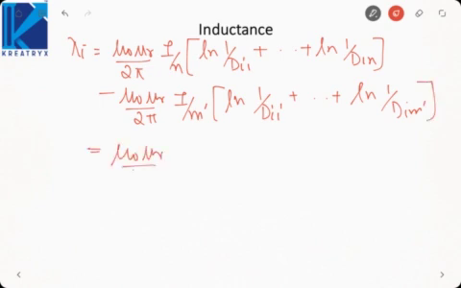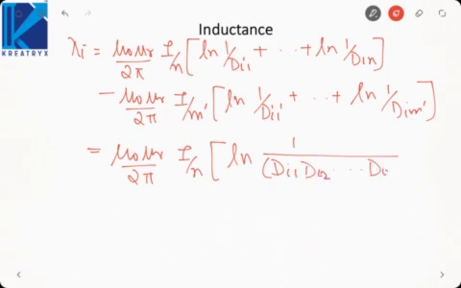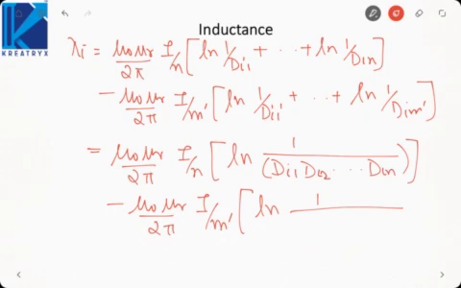Mu naught mu r by 2 pi I by n ln 1 by d I1 d I2 up to d In, and minus mu naught mu r by 2 pi I by m dash ln 1 by d I1 dash I2 dash up to d Im dash. Now suppose if we want to combine these two terms but their coefficients are different, so let us take 1 by n and 1 by m dash into the power.